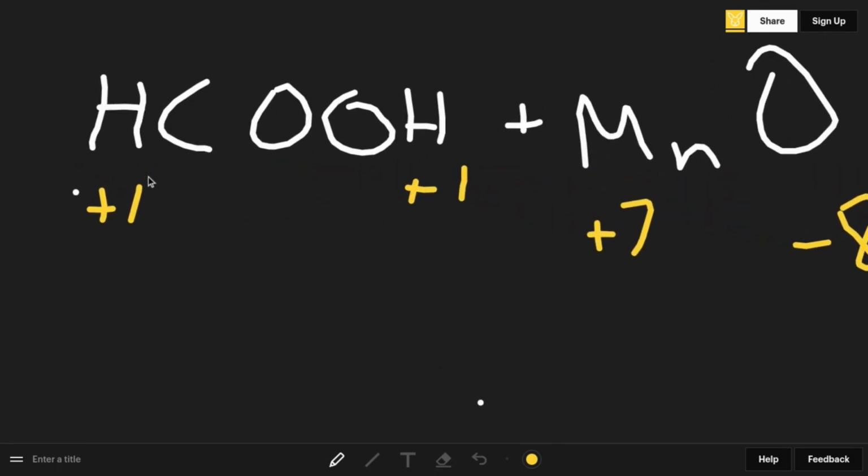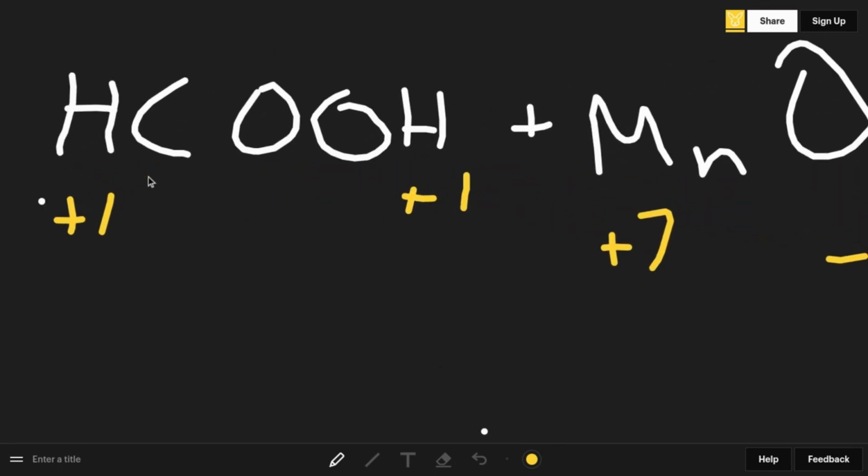Now over here we have 2 oxygens, and since for O2, right, one of the exceptions for oxygen was that if it's O2, that means each oxygen is -1, so that means combined this is -2.